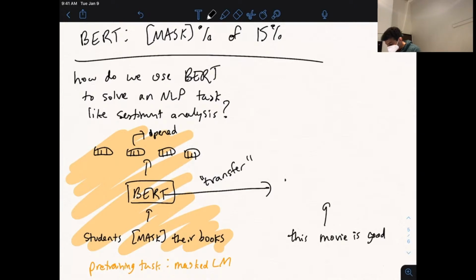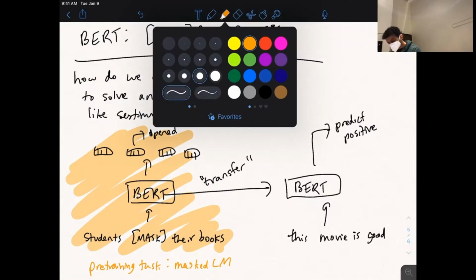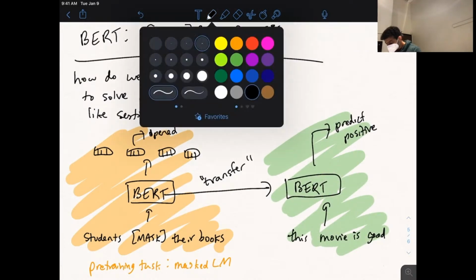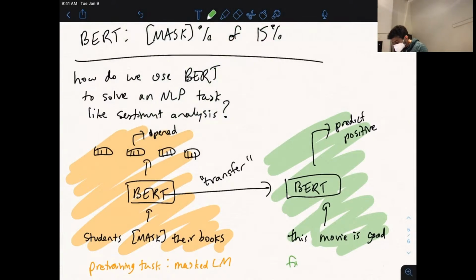And I'm going to take my same BERT model, which has now been pre-trained, and make it predict positive. So we're going to call this our fine-tuning task.